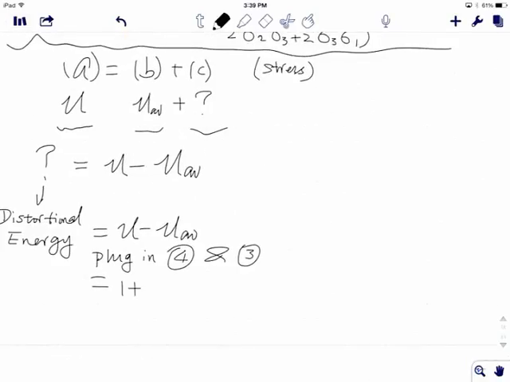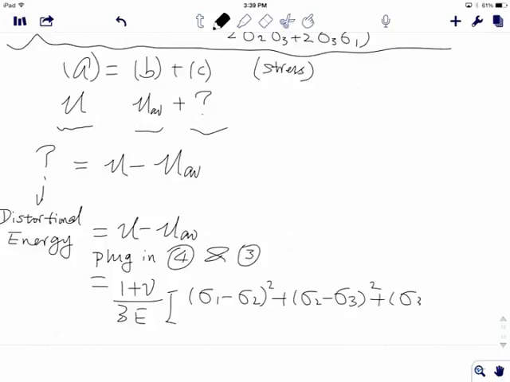So that equals (1 + V) divided by 3E, times (sigma 1 squared + sigma 2 squared + sigma 3 squared - sigma 1 sigma 2 - sigma 2 sigma 3 - sigma 3 sigma 1), divided by 2.